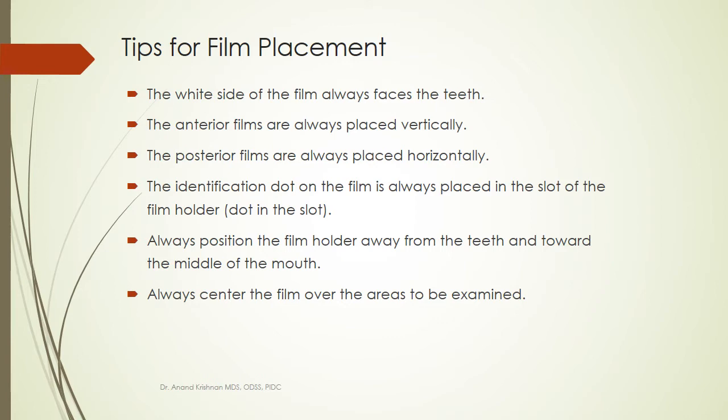And the identification dot can be called different names in different textbooks and different areas. It is also called the occlusal dot. The identification dot is always placed facing the occlusal line. You might have done this in preclinical prosthodontics.